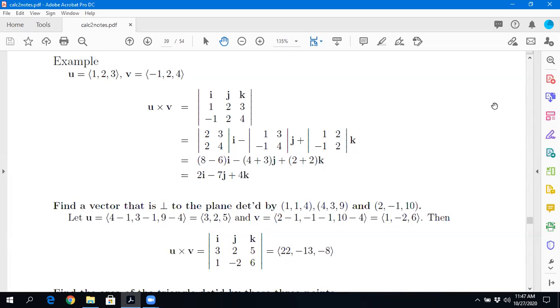The area of the parallelogram determined by the beginning vectors. And third, what about the direction? It's determined by the right-hand rule. Okay, so 1 needs to be perpendicular to both vectors. 2, its length needs to be equal to the area of the parallelogram determined by those. And 3, its direction needs to be determined by the right-hand rule.